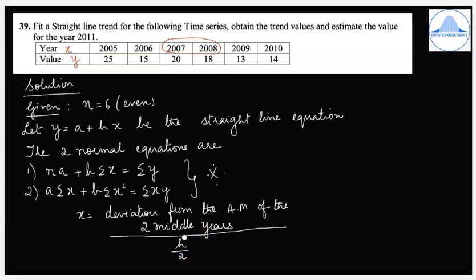And when n is odd, x will be deviation from the middlemost value divided by h. If you refer to my videos on fitting of a straight line trend, you can understand this concept better.